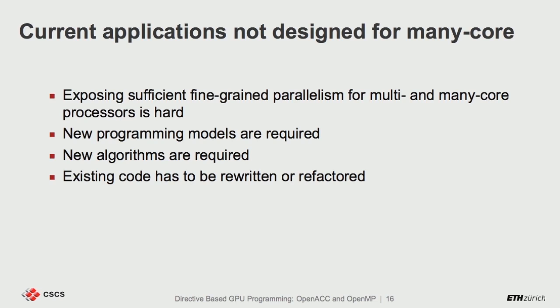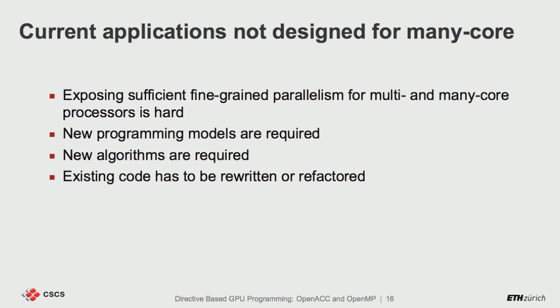So the problem is that in the past we didn't care about what's in the computer architecture, basically. We were writing our code, and then we expected the next generation to come, give us more frequency, and boom, we had performance. Now, that's not the case.